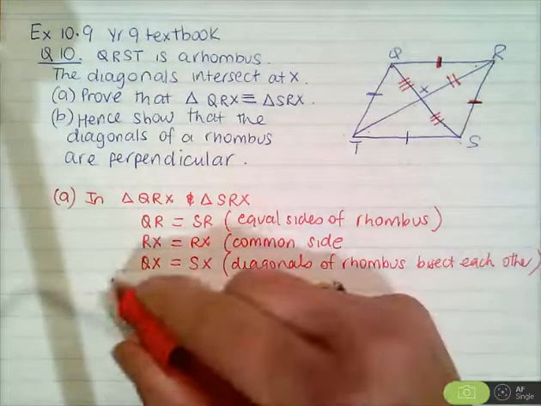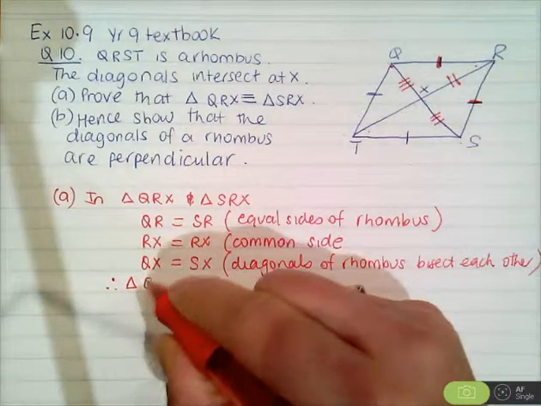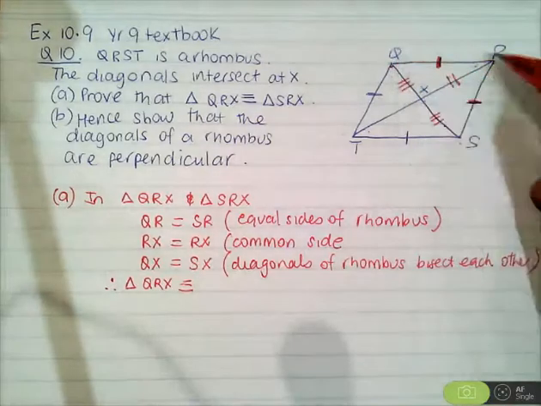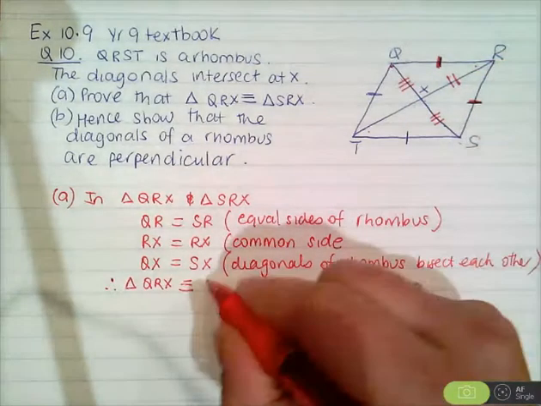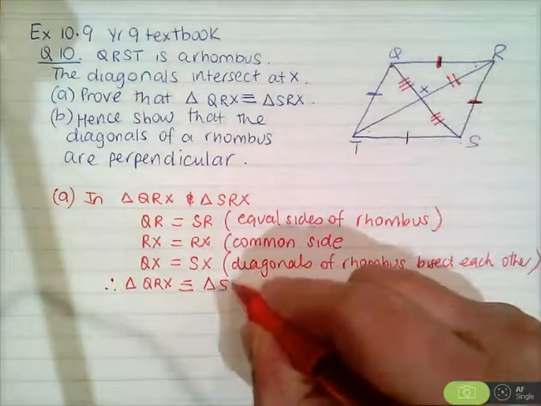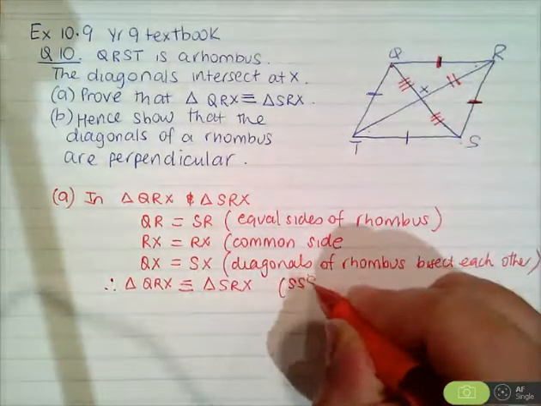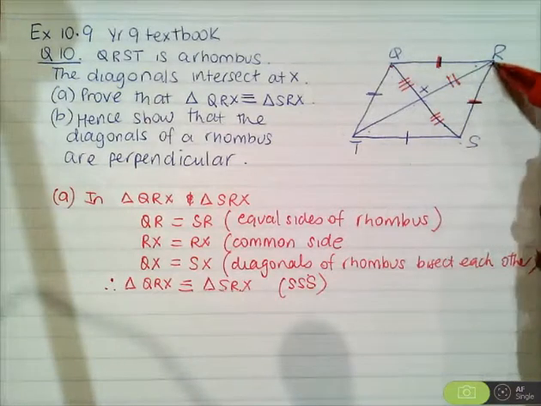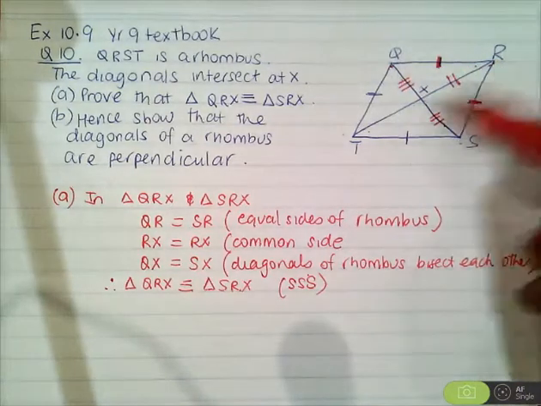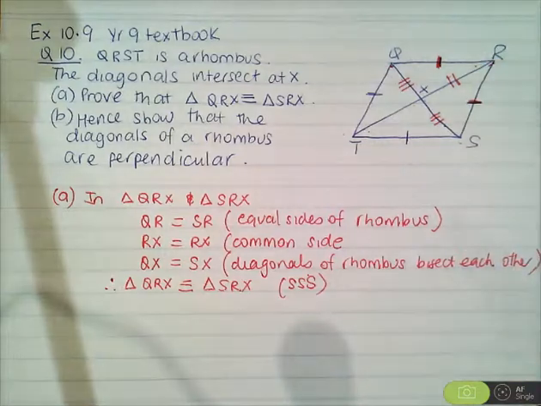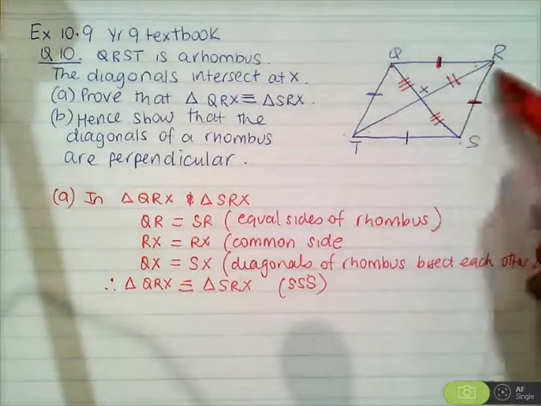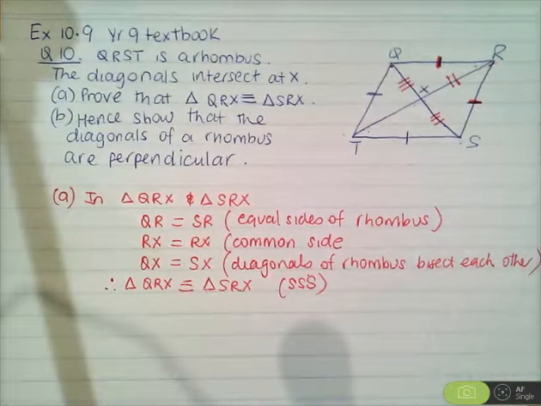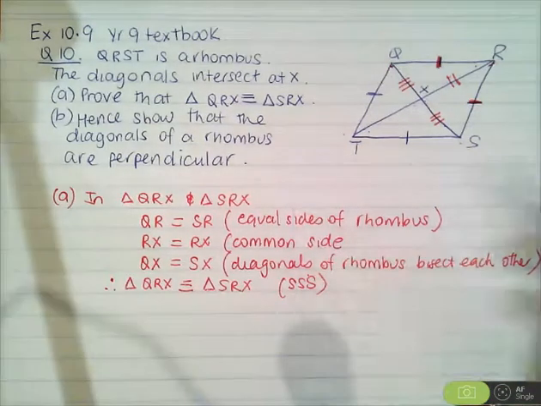So therefore we can say triangle QRX is congruent, making sure we do it the right way, along the single dash side and the double dash side, to triangle SRX. The reason is SSS. Now I could have done this another way. I could have had the two sides that I had, and said that angle QRX equals angle SRX because diagonals of a rhombus bisect the angles of the rhombus, and I could have done SAS as well. So there is not only one way of doing this. So we've proven that the two triangles are congruent.